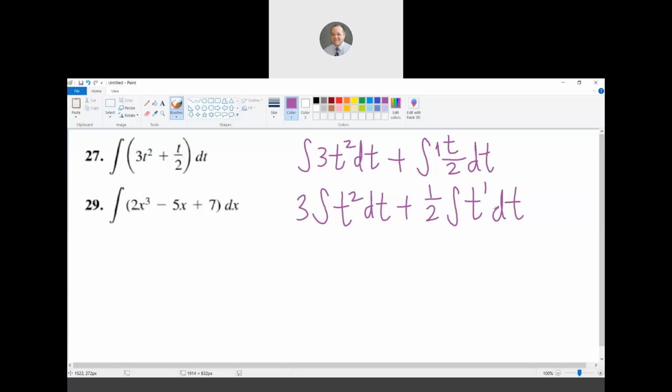Now we can undo the power rule to find each antiderivative. For the first one, add 1 to the original exponent. And instead of multiplying, the opposite of multiplication is division, so we'll divide by 2 plus 1.